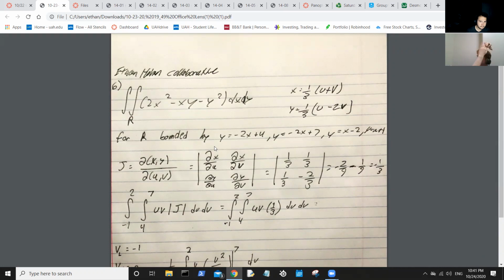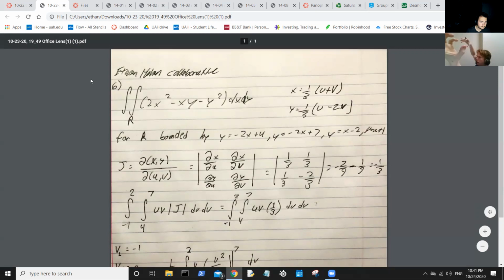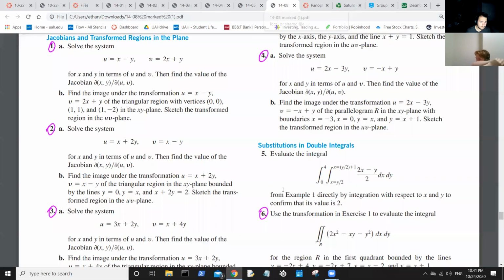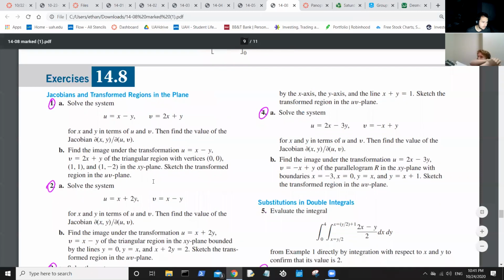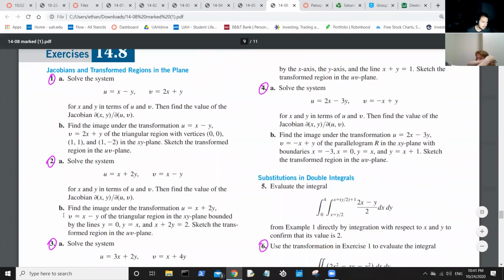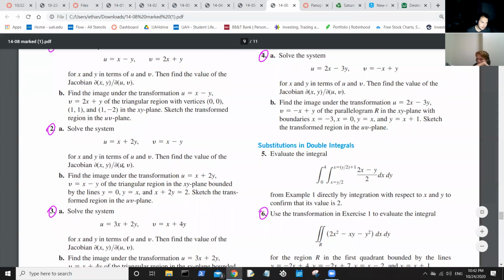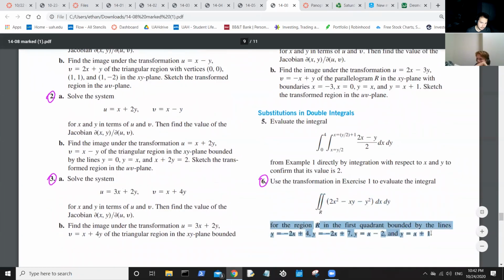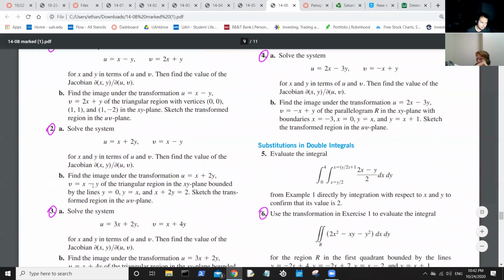So you're gonna factor the top one and then U and V. On this one, we solved the system, but then it has a B portion that says find the image under the transformation of the triangular region, and then it gives you the regions. So if we were to do the B portion along with it, it would be us defining this with this information.